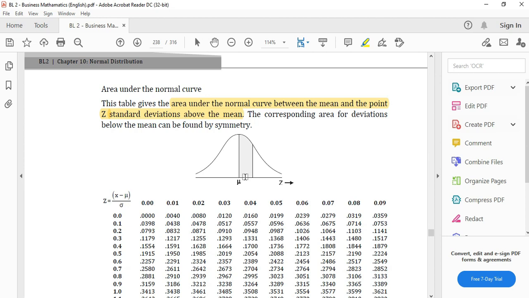Obviously, because if you go this side, the numbers are increasing, so we will have a higher standard deviation value than this mean value. And this side, the standard deviation is less than the mean, because obviously the number line starts from here and increases this side. Right?